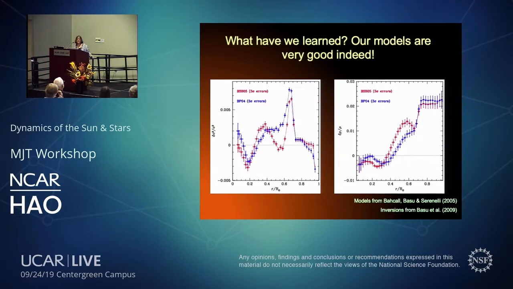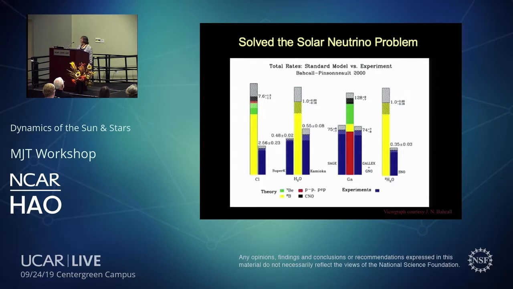And there's some people who were, I think, here from the very beginning of the problem. But this is one of the few problems that has been completely solved, at least as far as solar physics is concerned. What was the solar neutrino problem? That solar models predicted more neutrinos than were observed.